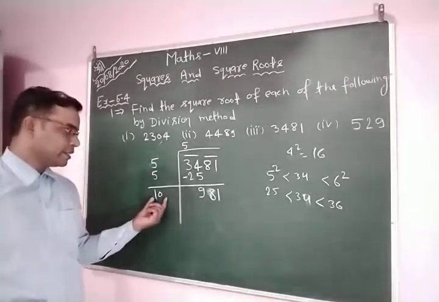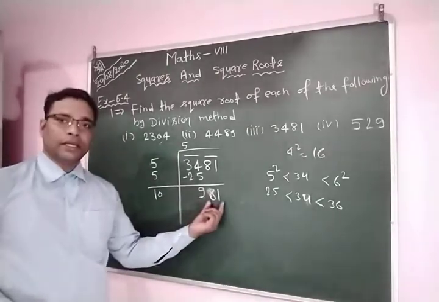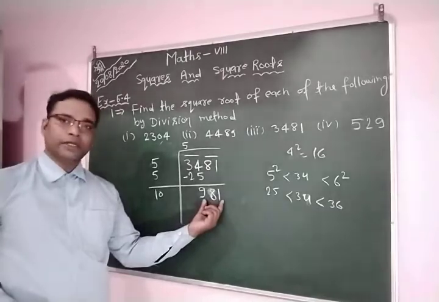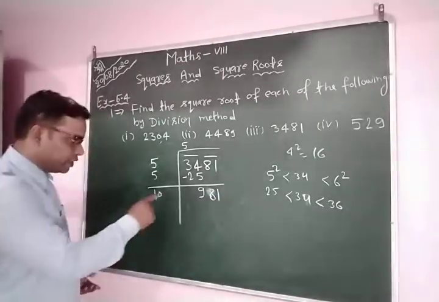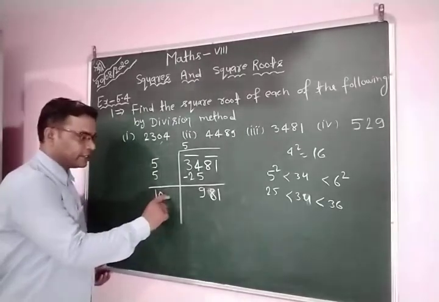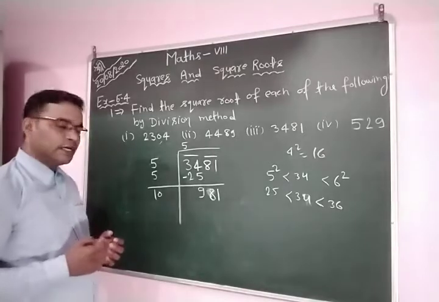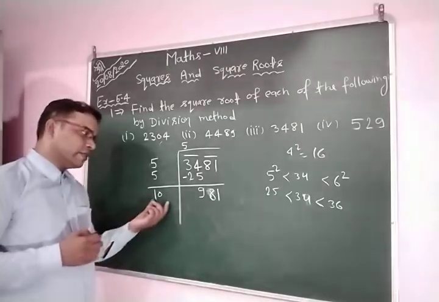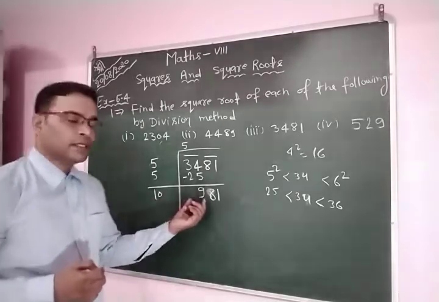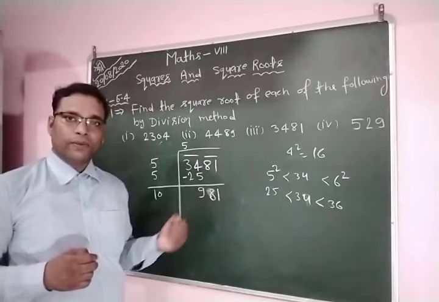So here this is 10 and this is 981. This is our new dividend. So we select the number that we put in this blank place to obtain the new divisor, and multiply it by the divisor to get a number less than or equal to 981.